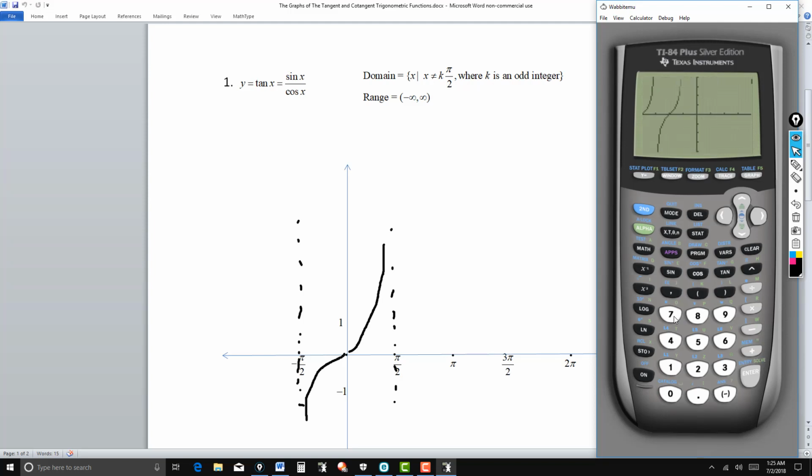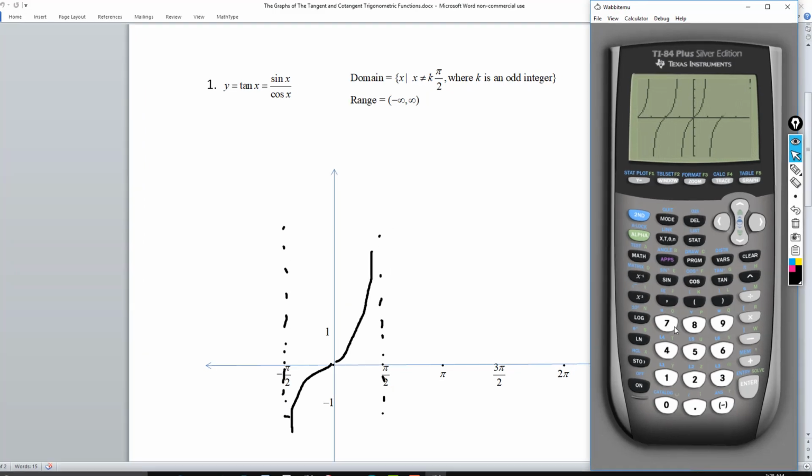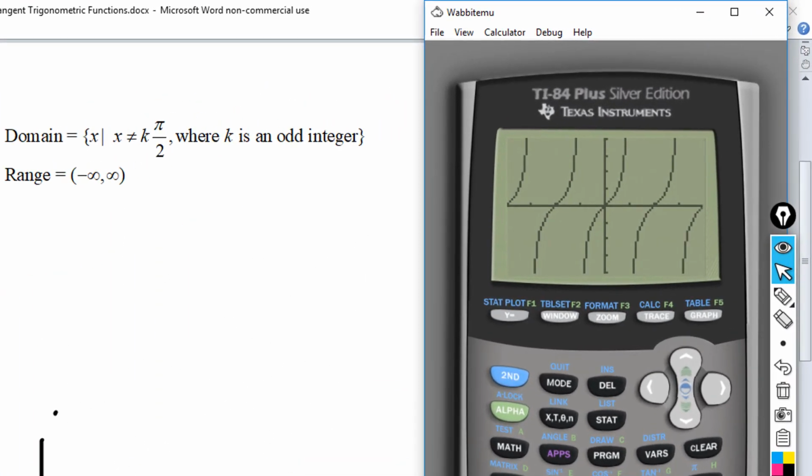So let's do zoom 7, and you can see the graph. So if we just go along the x-axis, there it's right there. Of course, it's 0. In this case, I have the calculator set to degrees, so this would be 0 degrees, which corresponds to 0 radians.